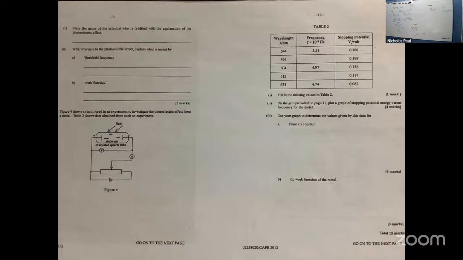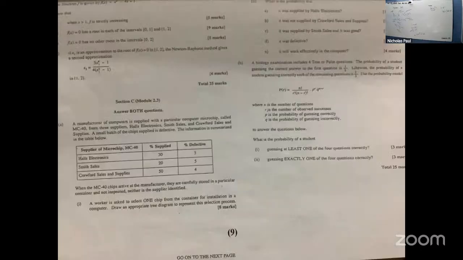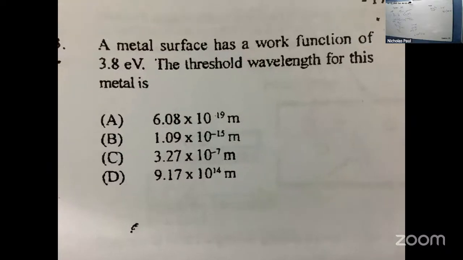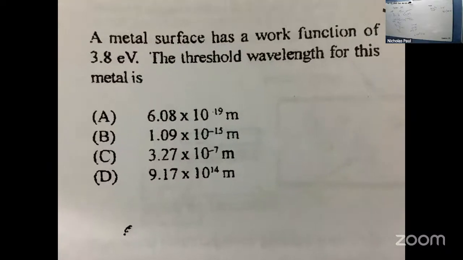All right, first one, there's a graph, you'll catch that, right? So what do you have there? Let's try this multiple choice first. The metallic surface has a work function of 3.8 electron volts.